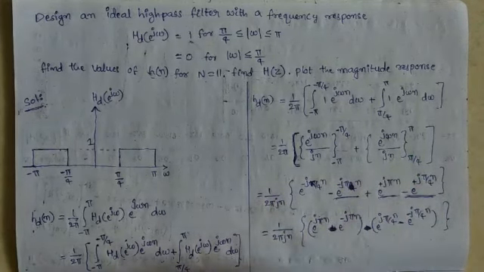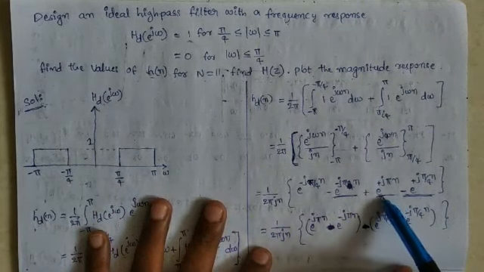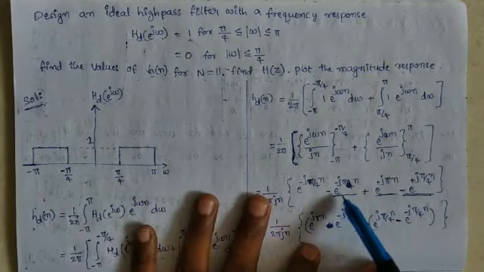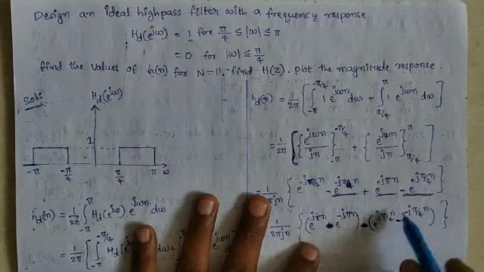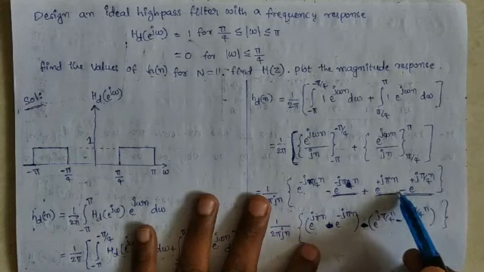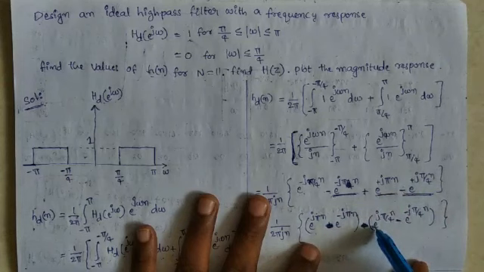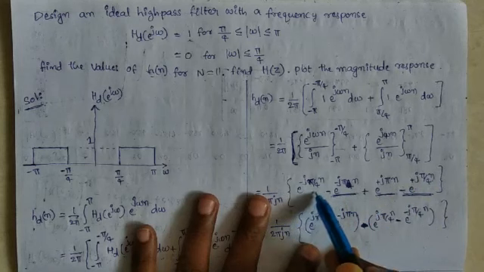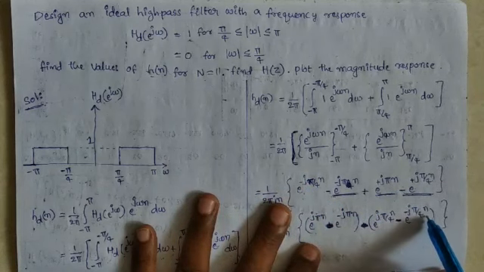So 1 by 2 pi jn of: first the positive term e power j pi n, and next minus e power minus j pi n. In these two terms I am taking a minus sign, so it becomes minus of e power j pi by 4 n, minus e power minus j pi by 4 n.